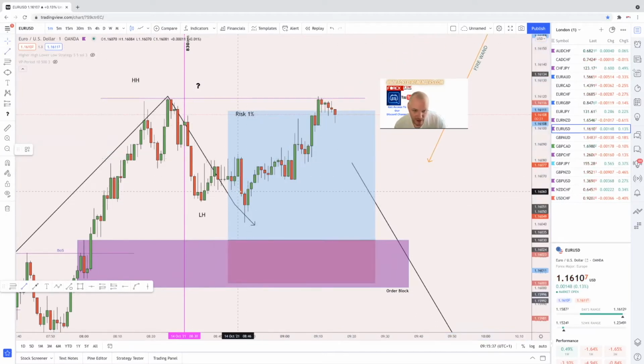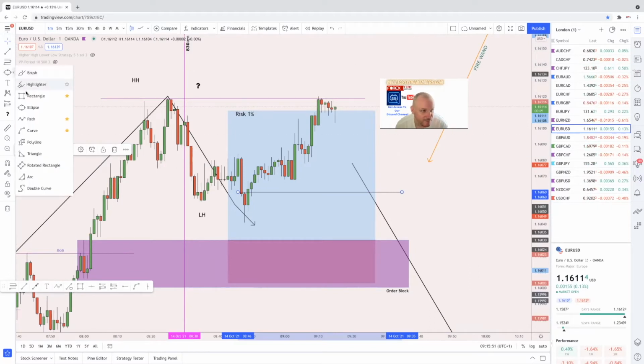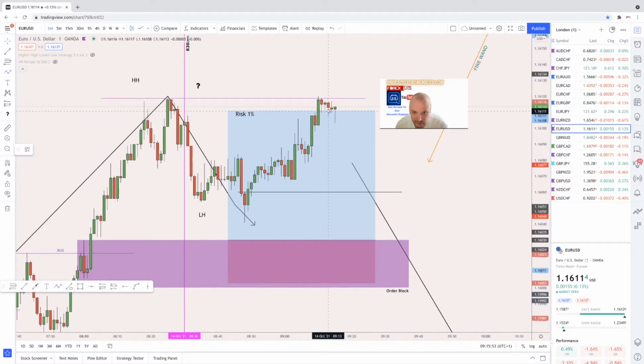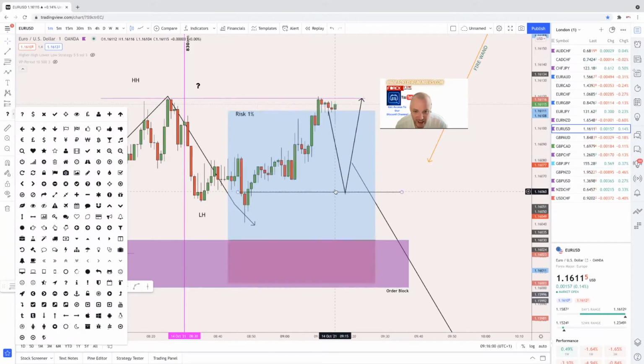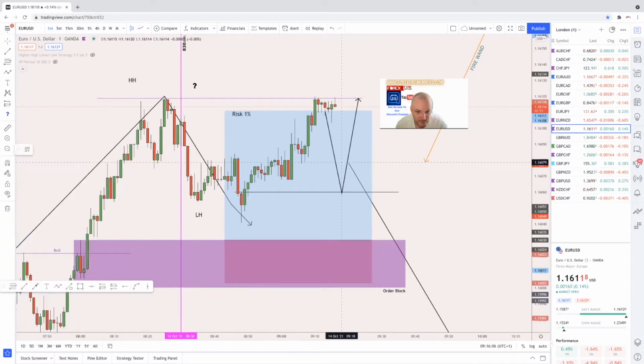And what I'll do is I'll mark that bit out, just so we've got an understanding of where price might come down and mitigate to come up to. Okay, so I'm just going to put a question mark there. I like to mark these things out. I like to be visual with everything I do, and we'll just see what happens.